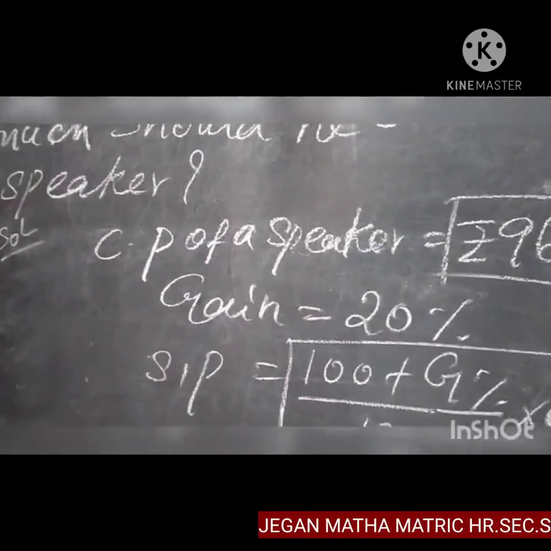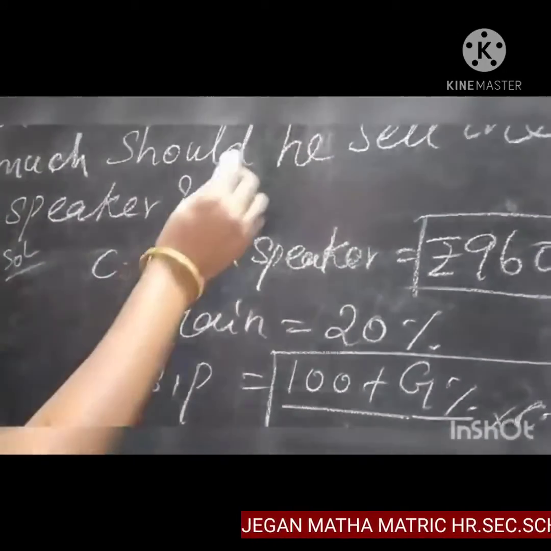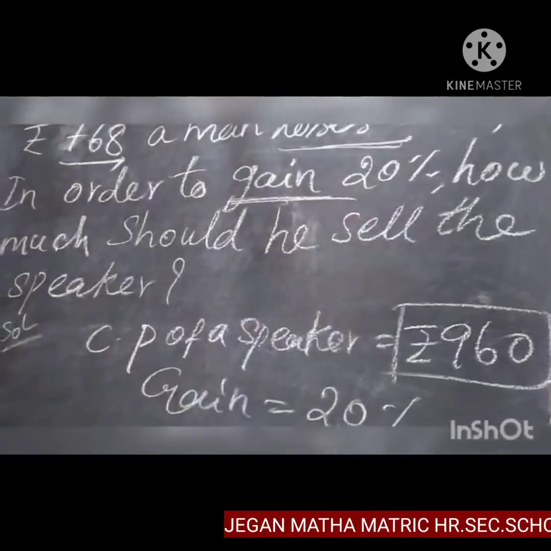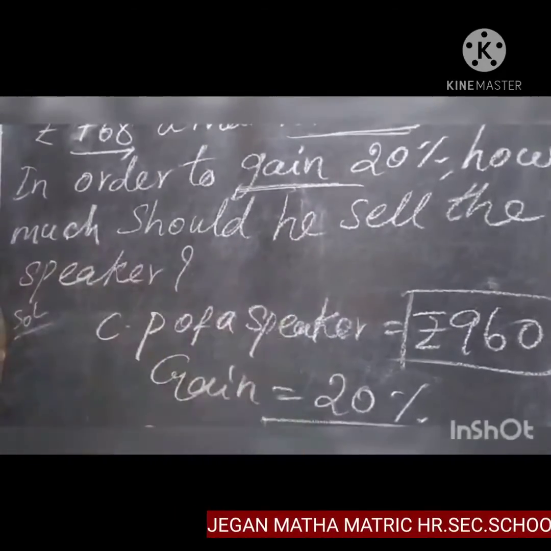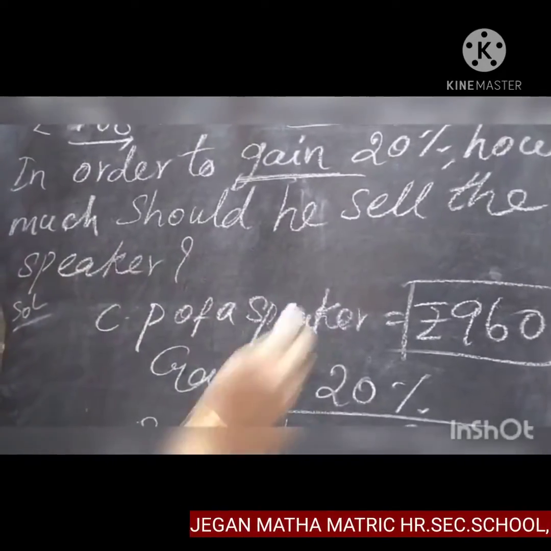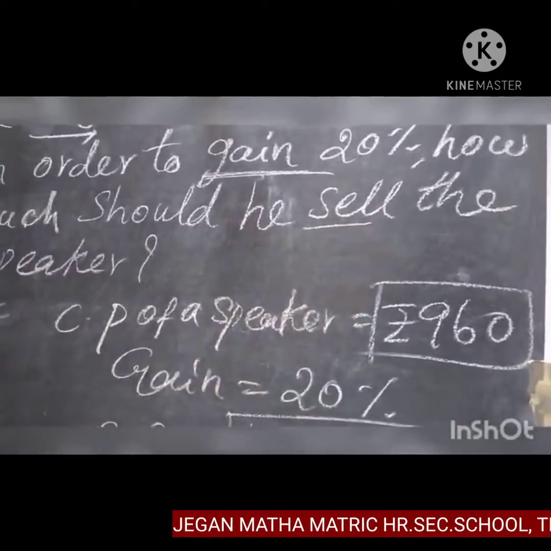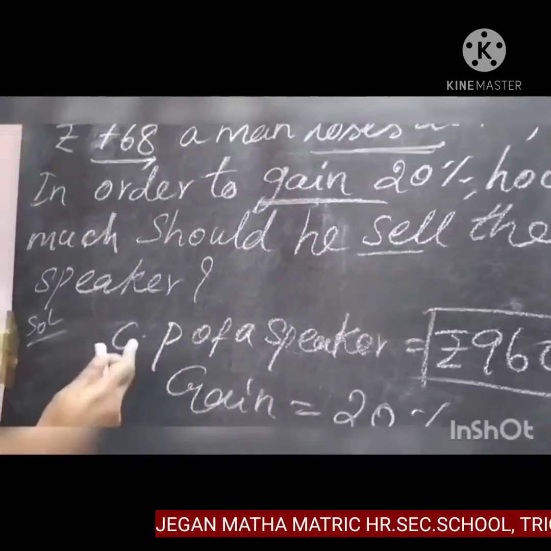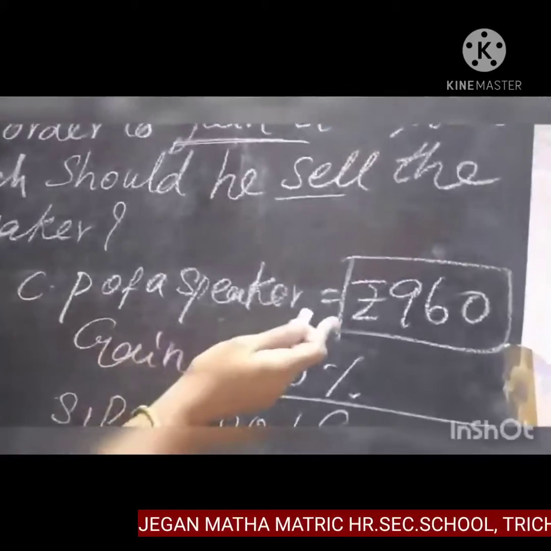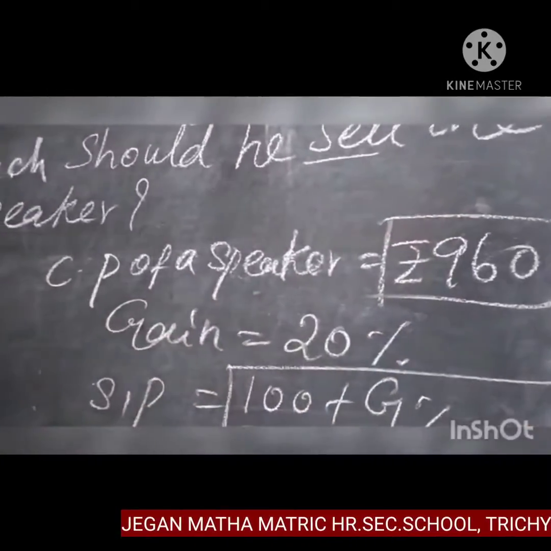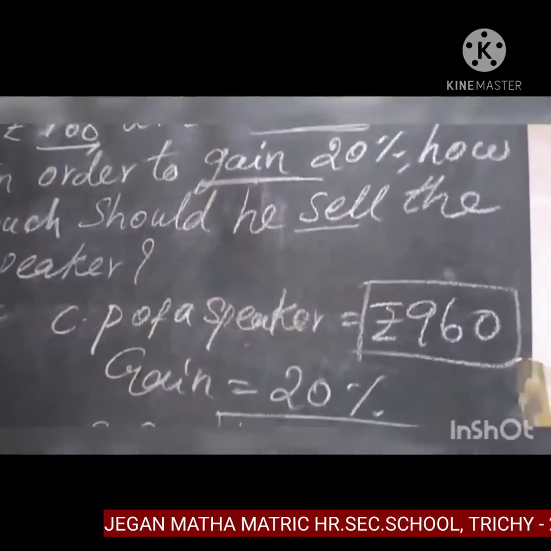Now we have to find the second case that is given: in order to gain 20%, how much should he sell the speaker for? You have to find the selling price of the speaker. Already we finished, no, the CP of the speaker equals rupees 960, gain equals 20%.